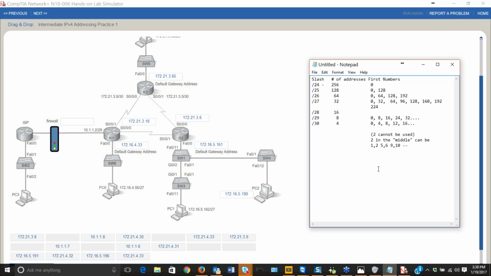So it's a 0 through what? 7. Exactly. It's a 0 through 7. Okay. And then, so let me just put this down here. Example of a /29, 0 through 7. It means that what through what can be used.